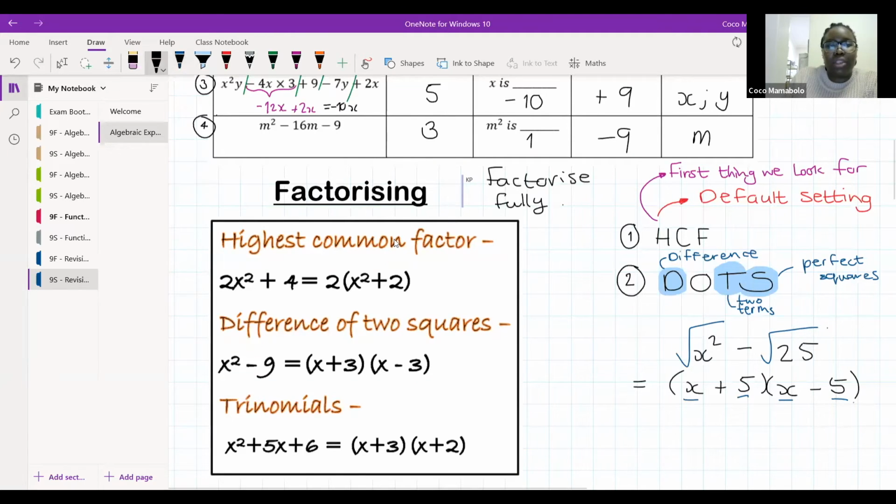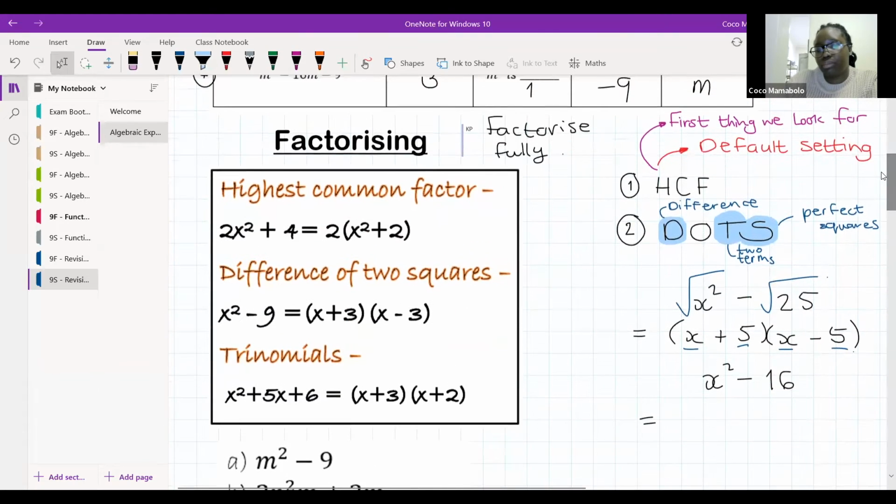Right, let me say this. What if I say to you, I've got x squared minus 16, Fatima? How would we factorize this? Wait, I don't see the method, ma'am. So think about it. Are both of my terms perfect squares? Do I have two terms? Good. So the first thing I'm going to do is open two brackets.